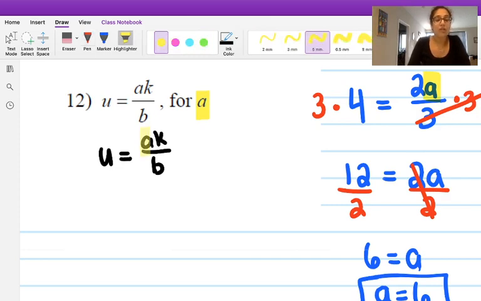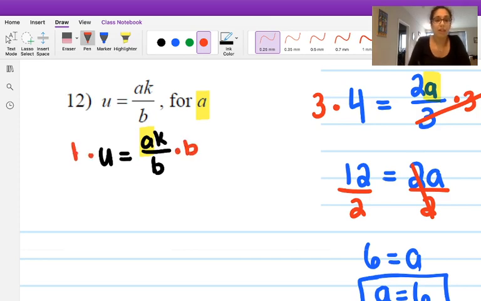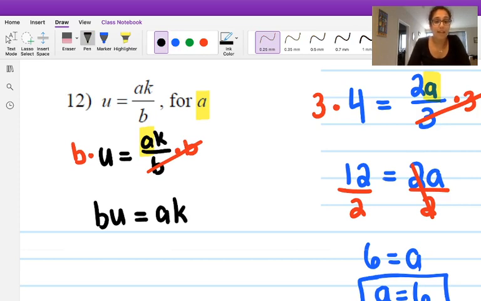To undo the division, we are solving for a. So to undo the division, we're going to multiply whatever's on the bottom. So I'm multiplying whatever's on the bottom here. This goes away. So I get here, b times u is bu, okay? Equals ak. And then, again, I want to get a by itself. a and k are being multiplied together.